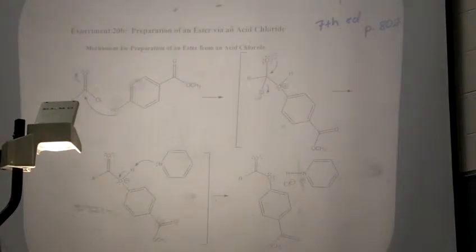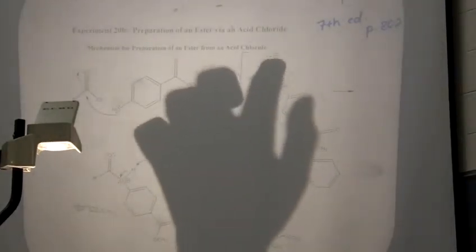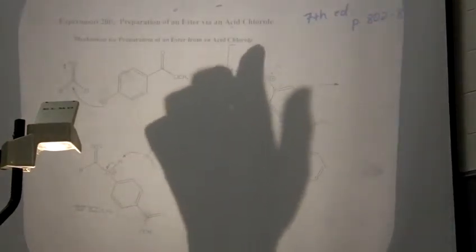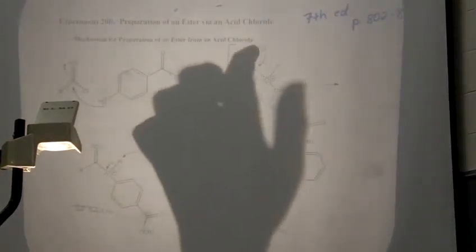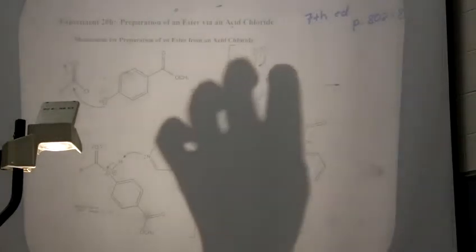We've got a positive charge here and a negative charge here, so they kind of counterbalance each other. But right away, the electrons of the oxygen kick down and we lose our chloride ion, okay? But then we still have this positive charge on the oxygen that was once part of the hydroxyl group, all right? So we need to take care of that positive charge.